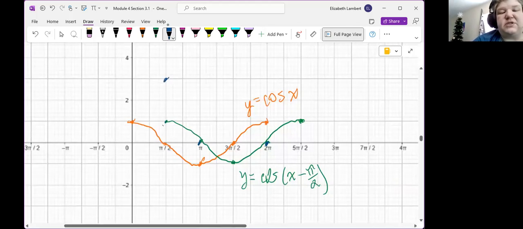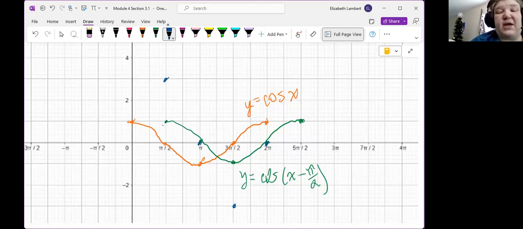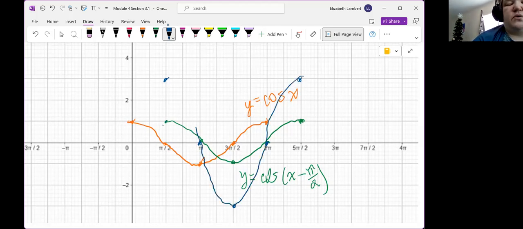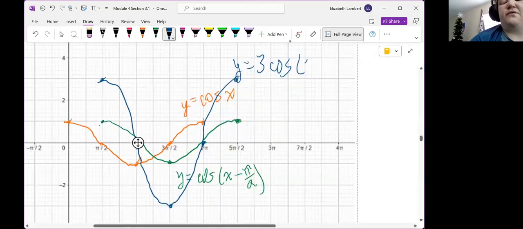Still goes through the 0, 0. Then here it's going to go down to 3. Then still back to the 0 point, and then way up to positive 3. So now this is 3 cosine of x minus pi over 2.